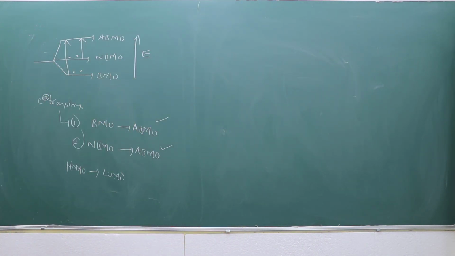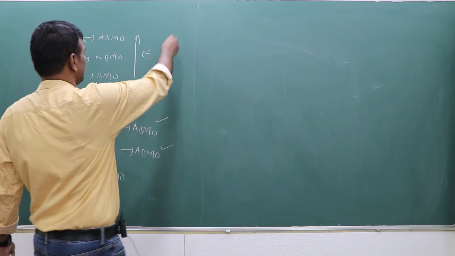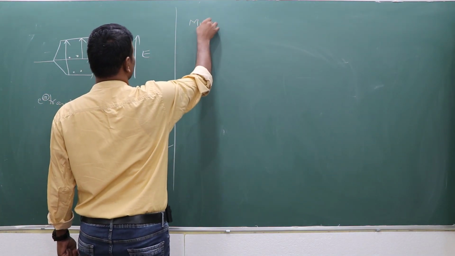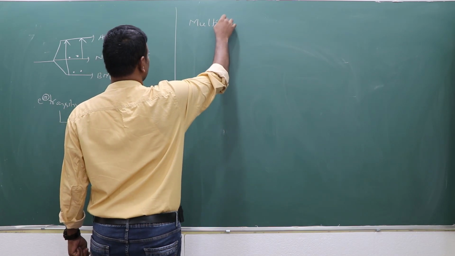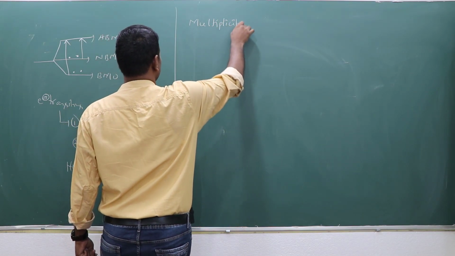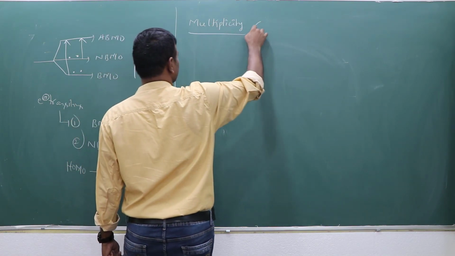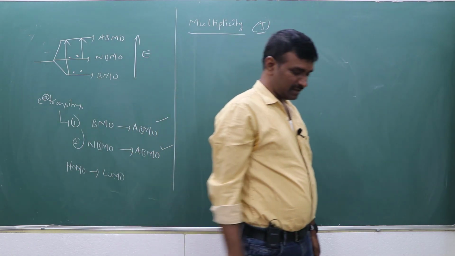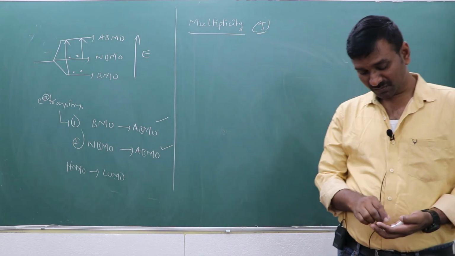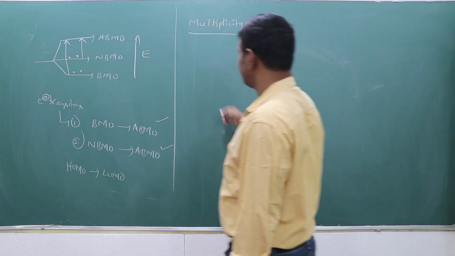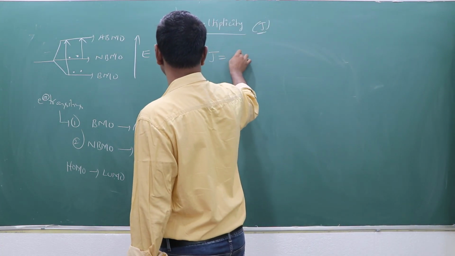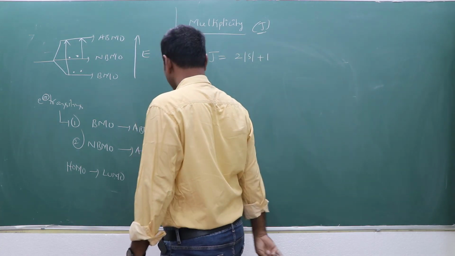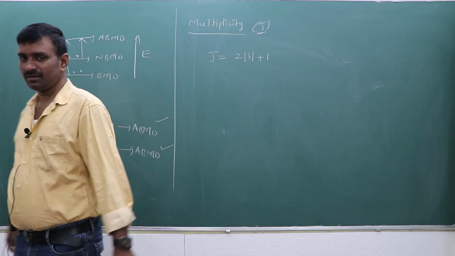Before selection rule, another term I can explain in the electronic transitions case: multiplicity, J. So multiplicity J is equal to modulus 2S plus 1.